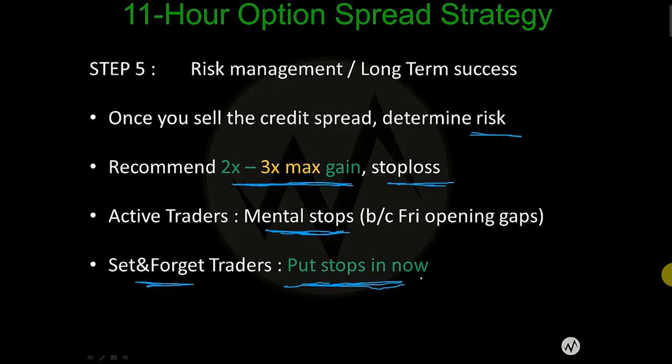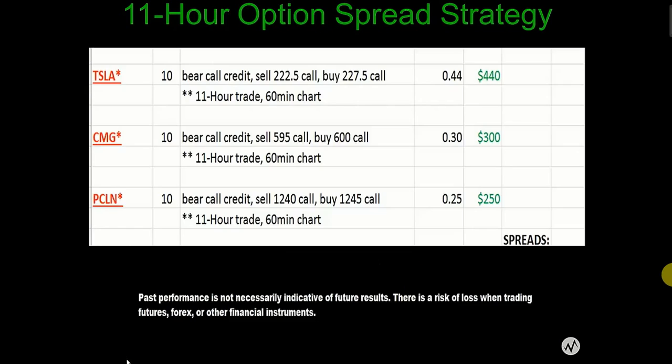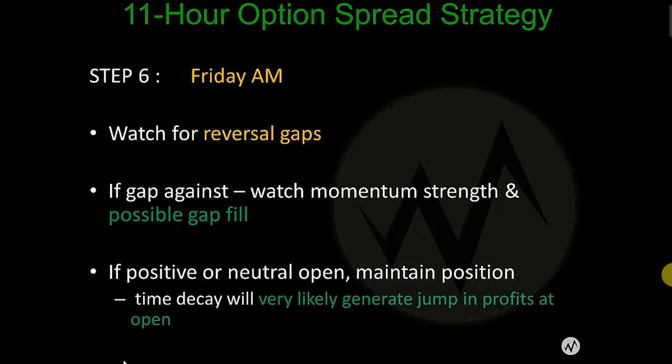All right? Friday morning. Say Thursday afternoon, you're just fine. You don't get stopped out. Friday morning, watch for a potential gap. A gap happens maybe 1/3 of the time. If you gauge your momentum right, there's a good chance that there will be a gap fill in your favor. If the gap is against you, watch for that gap fill, because the momentum strength was already moving in your direction.